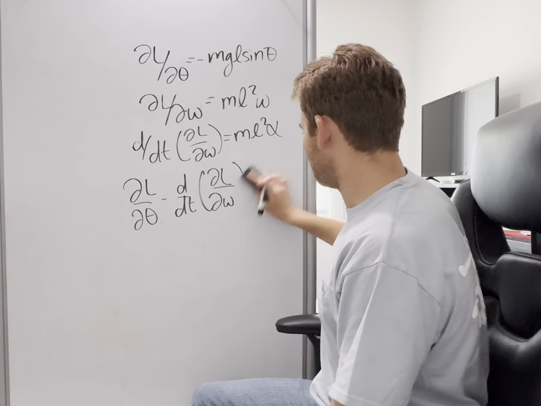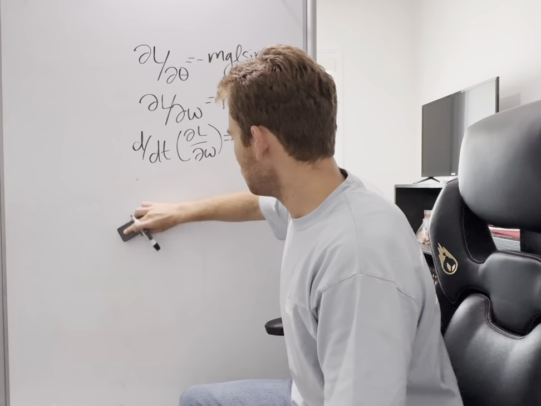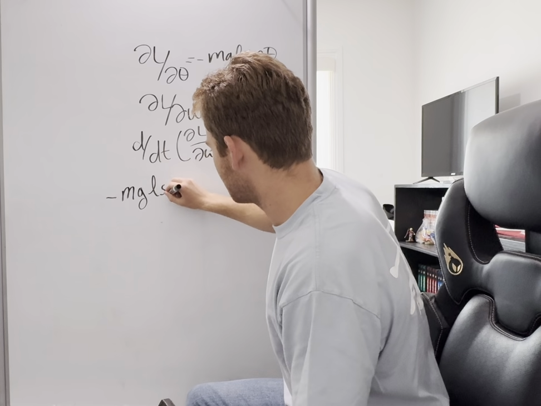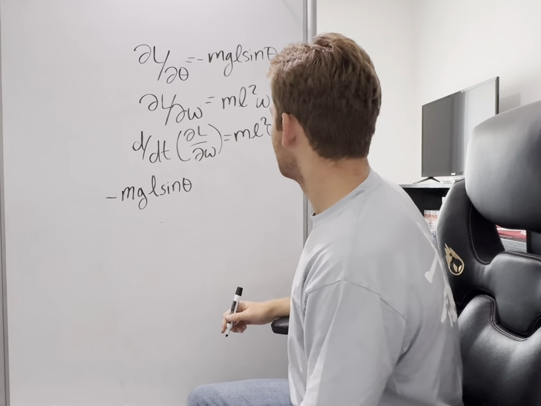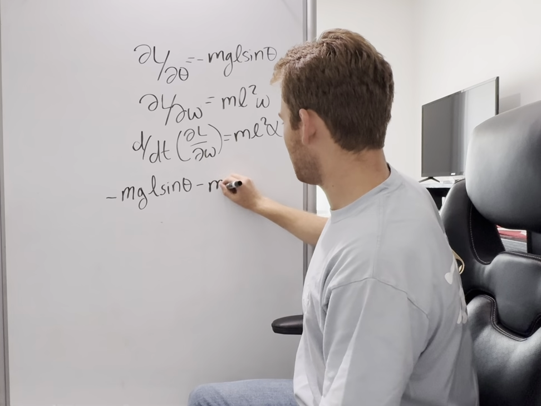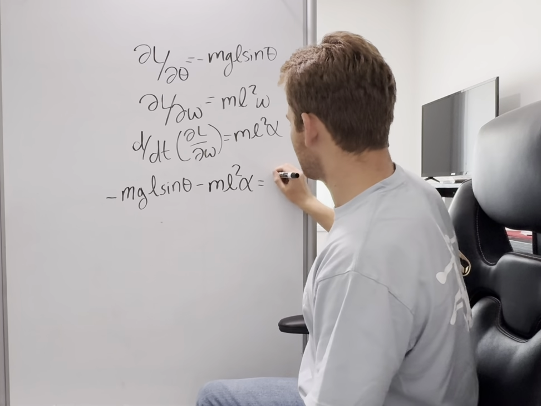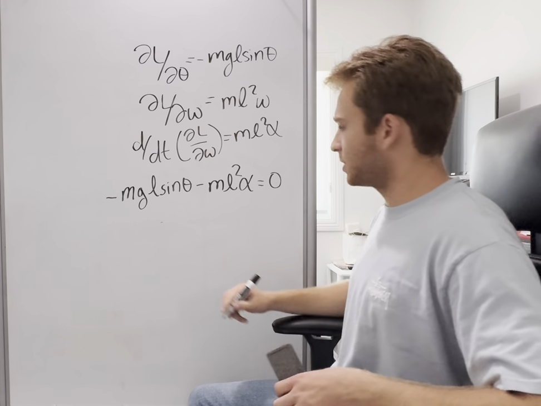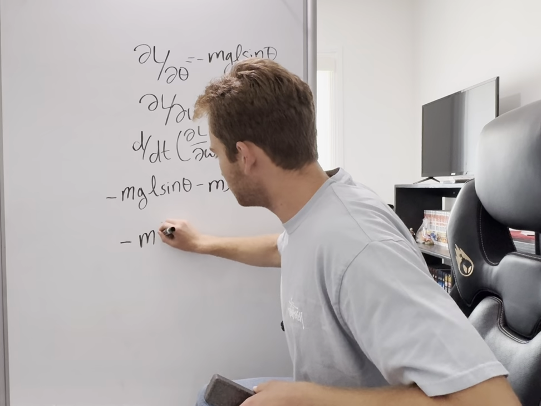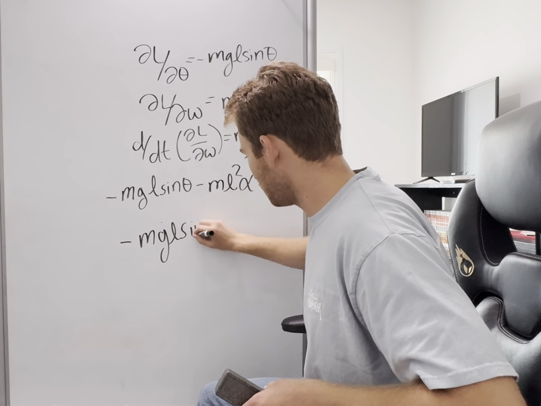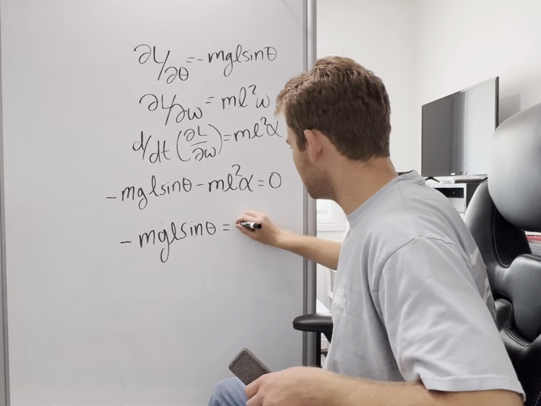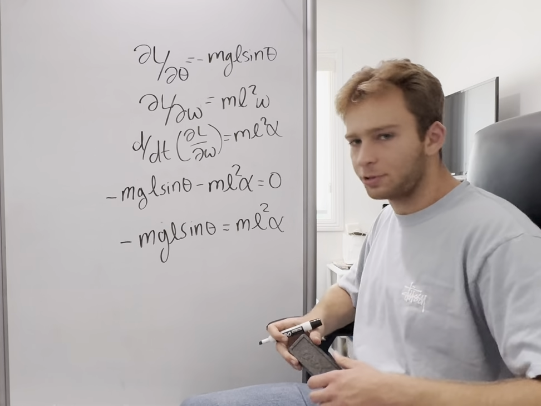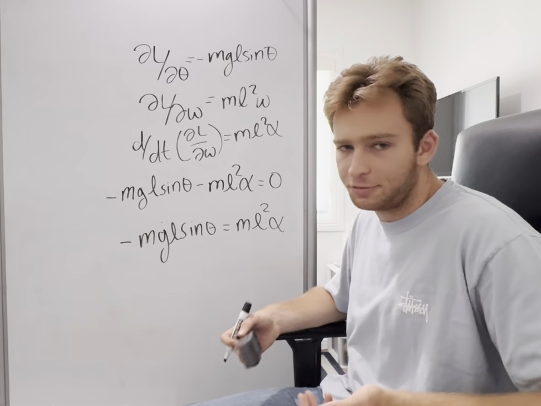And so, if we plug these in, we get negative mgL sine theta minus mL squared alpha is equal to 0. And adding mL squared alpha to both sides, we can rearrange this and get negative mgL sine theta is equal to mL squared alpha. And that right there, that differential equation, is the equation of motion for our pendulum.